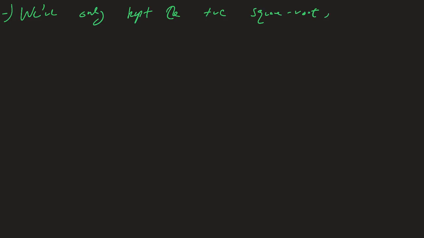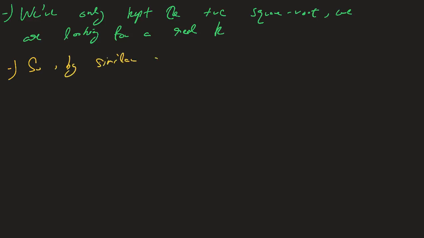Because we are looking for a real k, right? We're looking for the real part of the propagation vector. So by a similar argument, we can find the complex part, which was kappa.